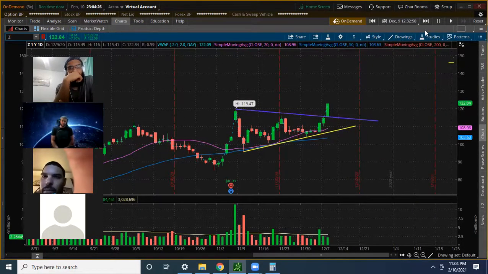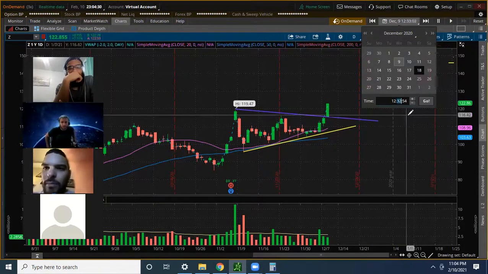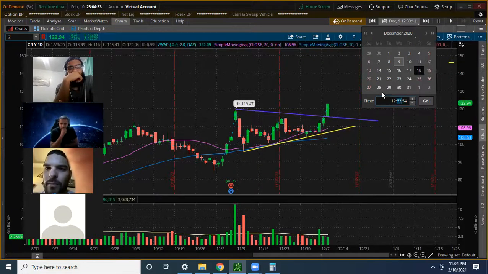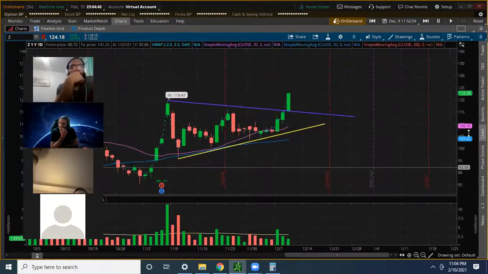And let's see how the options are doing. First of all, let's go back in time and see what the option contract was at 11:53. Now let's do 52. Look at that huge candle.